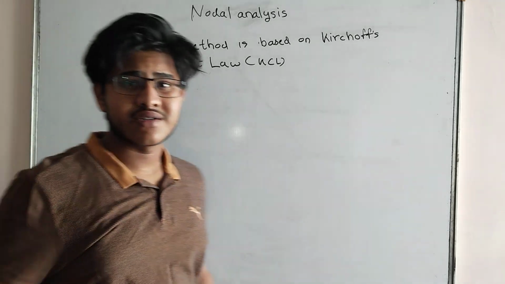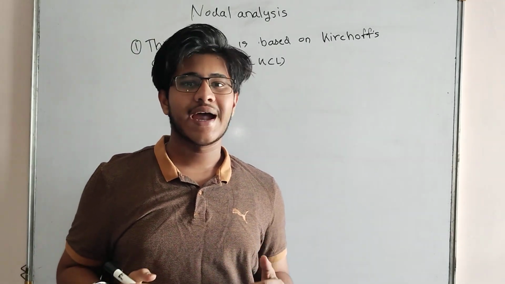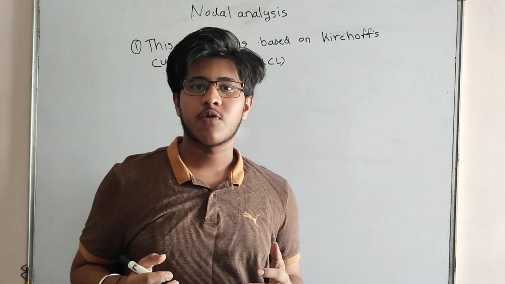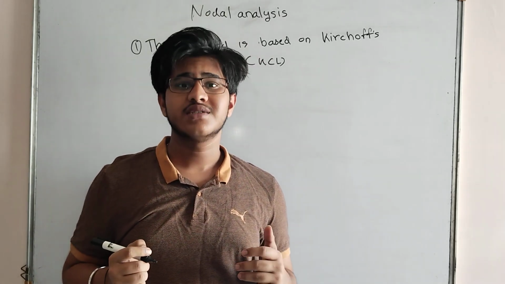So now, once again, let us discuss Kirchhoff's current law. Kirchhoff's current law states that the algebraic sum of the currents flowing into a node or coming out from the node is 0.